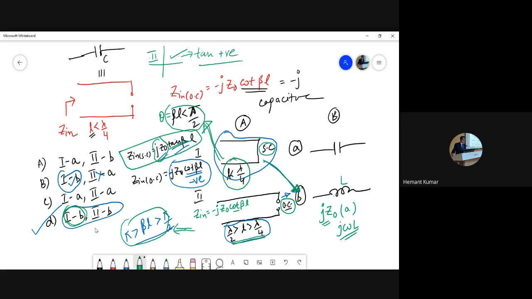So the quantity is negative, and there is one minus sign also, so minus into minus gives plus. So Z in will be a positive value, j Z naught times some constant B. Plus means inductance, so this is also replaced by an inductance. Is this okay? Yes, I got it. Any other doubt? No, sir. Thank you.